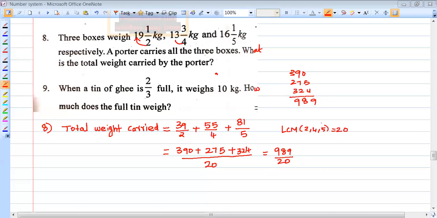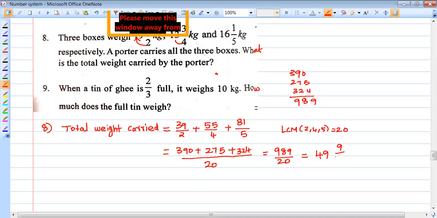Now somebody may want to convert this into a mixed fraction, that is also possible. 4 20s are 80, remaining 189; 9 20s are 180, so remaining 9.